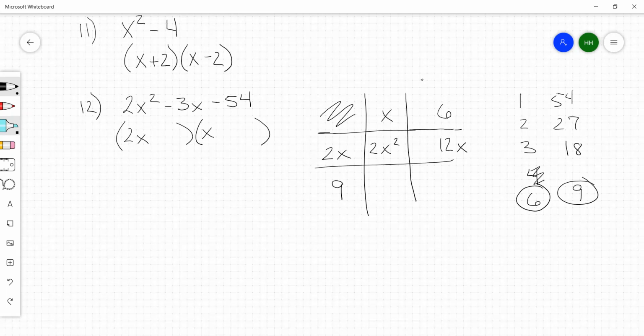So the 9's here, and 9 times x is 9x. With a 9x and a 12x, I can get to a negative 3x. So this 12 needs to be negative, doesn't it? If the 12 is negative, then this 6 needs to be negative. And then negative 6 times 9 is the negative 54. So there are the factors. We got a 2x plus 9 and an x minus 6.